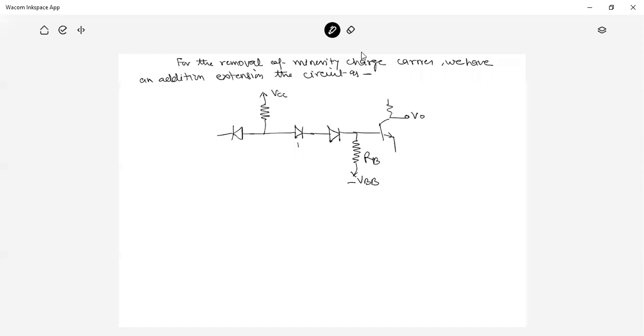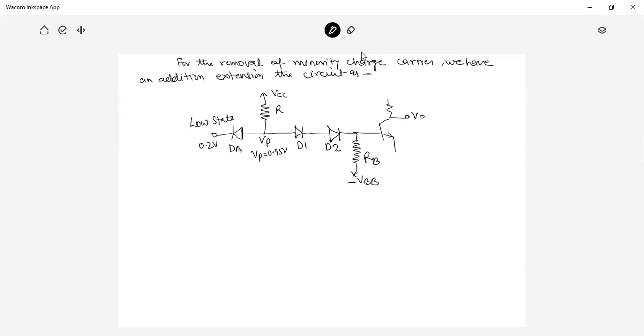We can call this D1, this D2, and this point P. So VP is equal to 0.95 volt when VI is 0.2 volt, that is the low state. This is DA, and this is resistance R. So this is a similar case to what we have discussed.